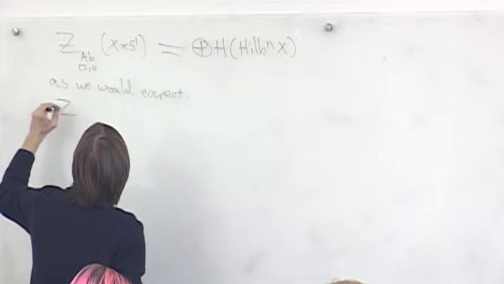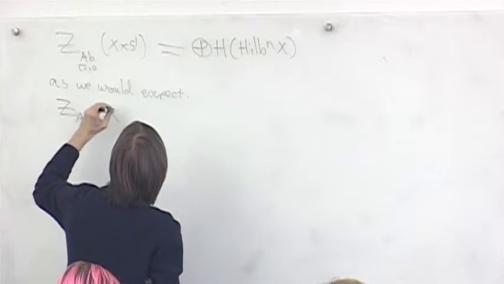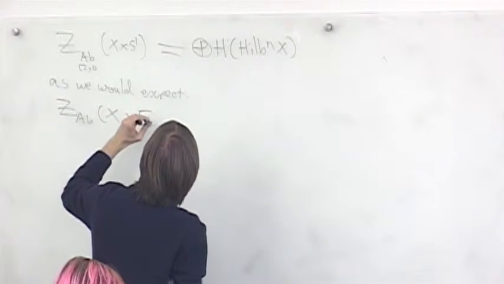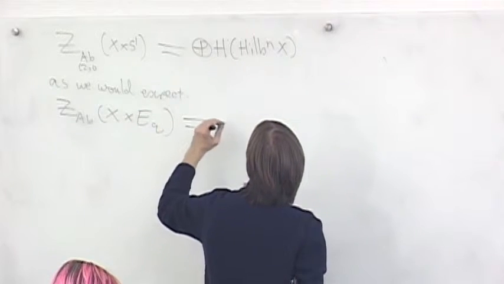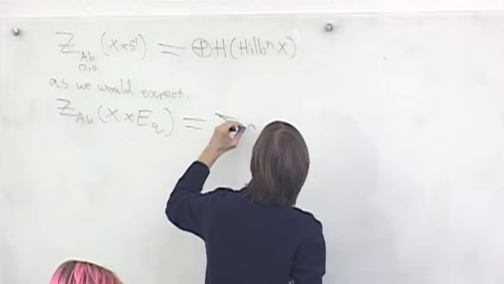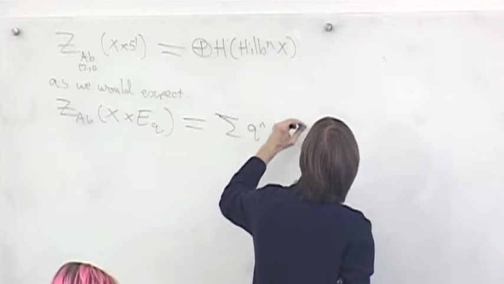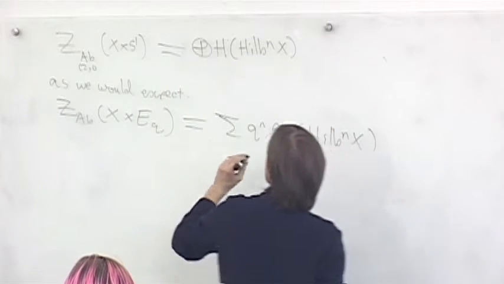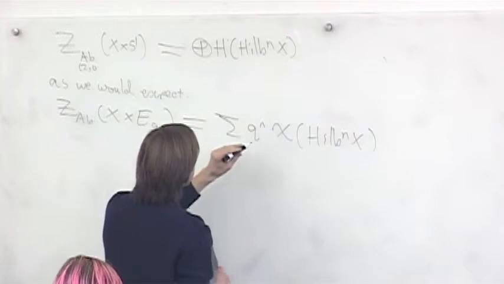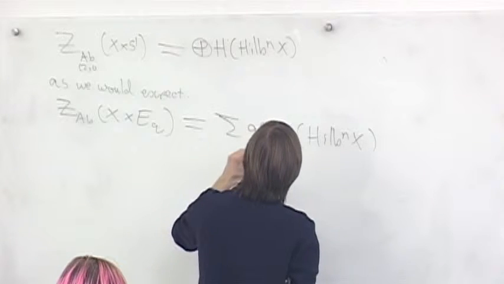Further, if I take Z of this abelian theory on X cross an elliptic curve of modulus q, this is equal to the sum of q to the n times the Euler characteristic of the Hilbert schemes of X, where this q is the modular parameter.